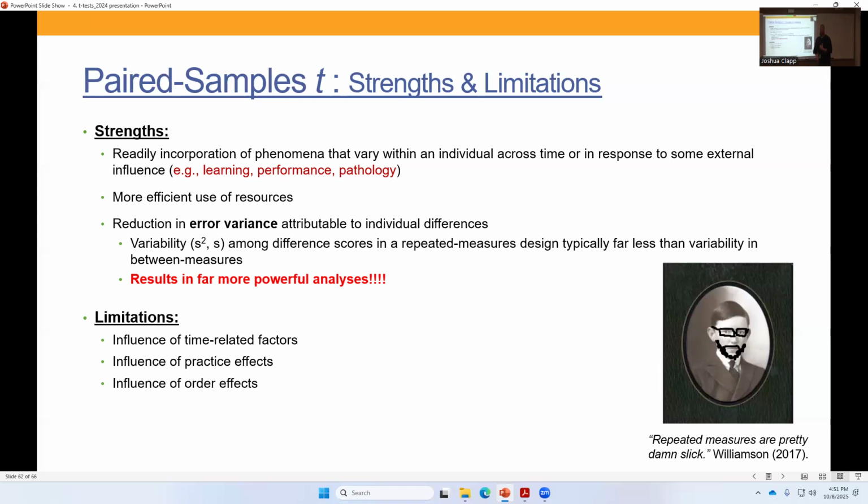Also have an issue with order effects. This is if I do this, then it's necessarily going to influence the next time I do this. This is different than practice effects. Let's say, again, I'll use a clinical example. I run you all through a CBT protocol for social anxiety, because you're all socially anxious. I give you a bunch of skills, you're feeling better, you're doing some exposure, putting yourself out there. I'm like, awesome, cool. Forget all of that.